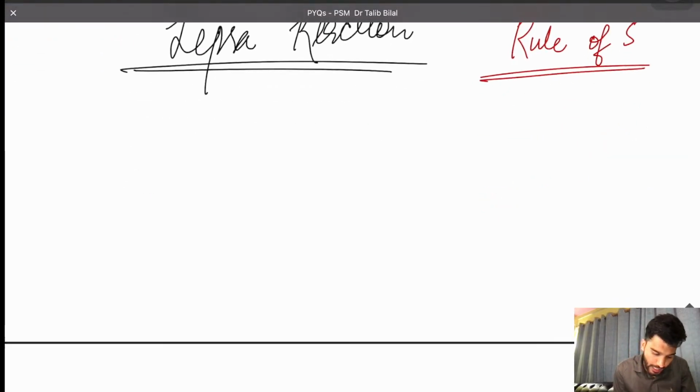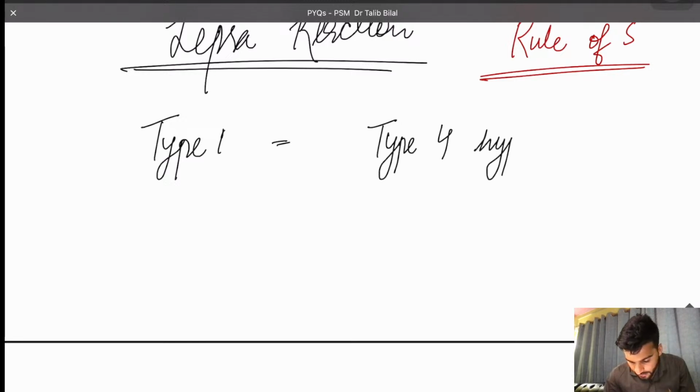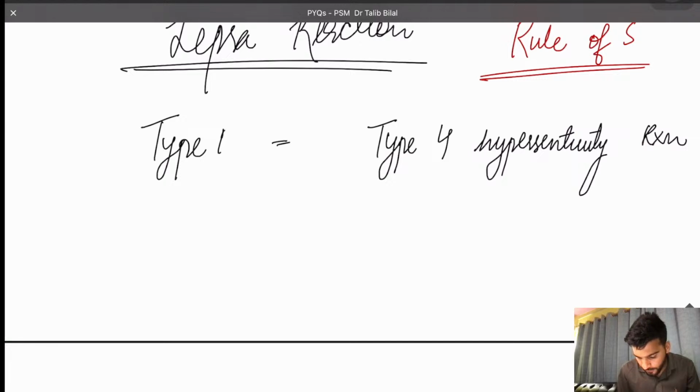Type 1 lepra reaction has which type of hypersensitivity? What you add to 1 will make it 5. You add 4. So you have type 4 hypersensitivity reaction.